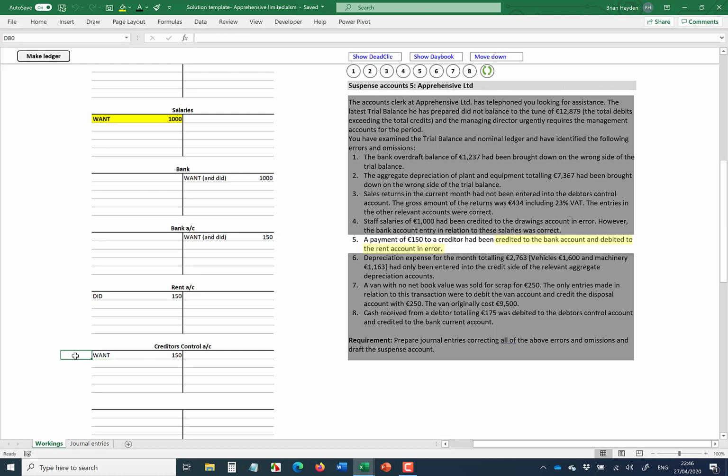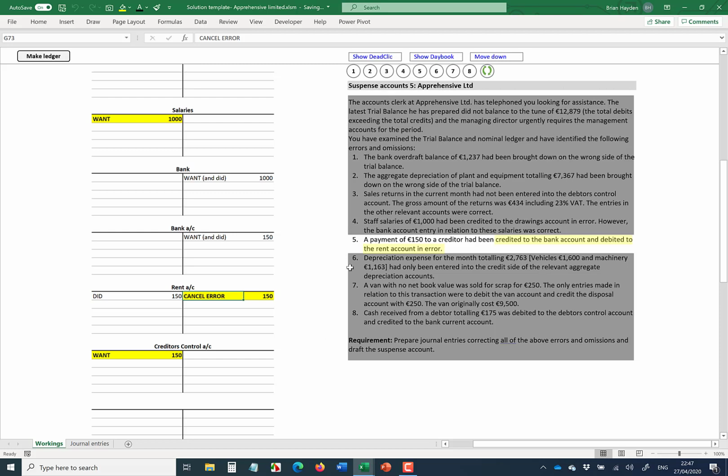So we need to put that on the debit side of the creditor's account, and we basically need to cancel this mistake here in the rent account. So that shouldn't have gone in there. So it's literally a transfer out of rent and into creditor's control. You see that the debits and credits will offset one another. Okay, so that's item 5.